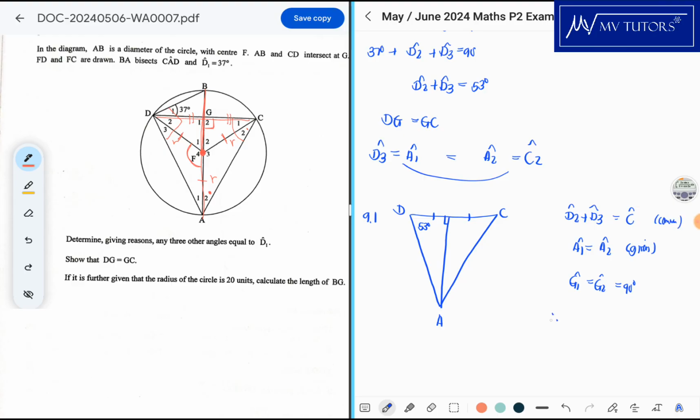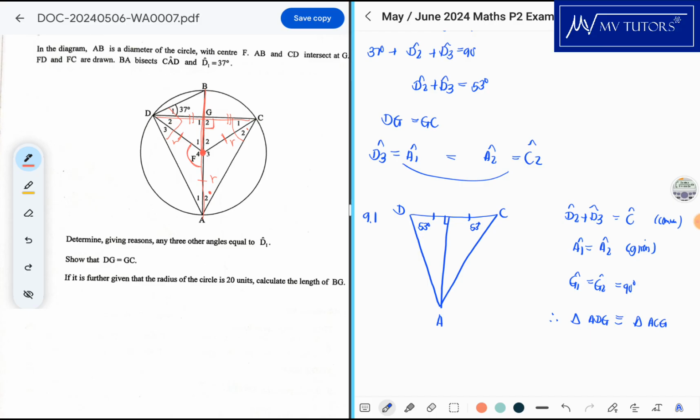So then we can say, therefore, triangle ADG is actually congruent and similar to triangle ACG. What I'm trying to get to here is that C is actually 53 degrees as well.